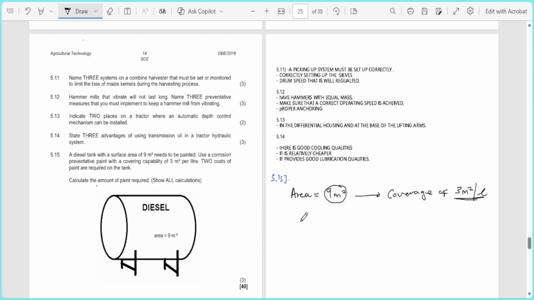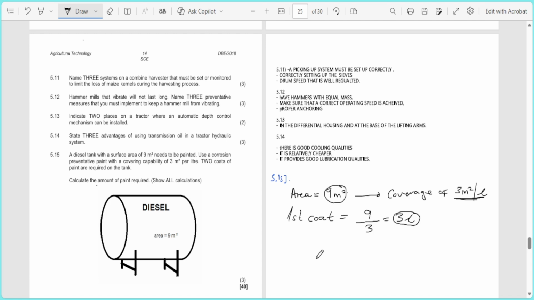So let's find out how many liters we are going to require to do the first coat. For the first coat, we normally take the total area and divide it by the coverage rate. So that's going to be 3. It simply means that we need 3 liters to do the first coat.